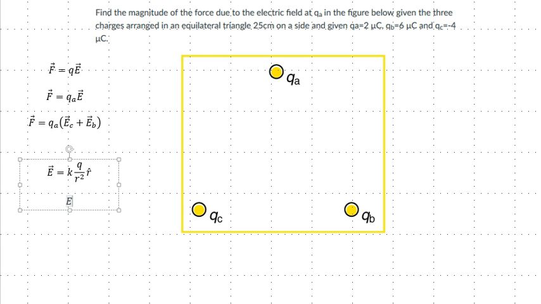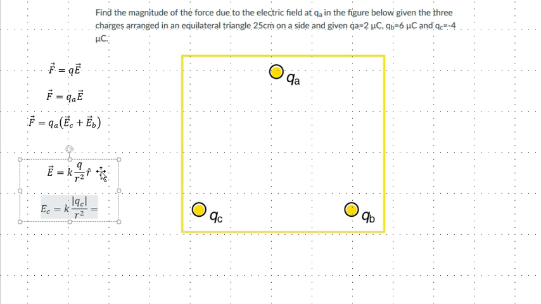The magnitude of EC is K times the magnitude of QC over R squared. K is 8.99 times 10 to the ninth newton meter squared per coulomb squared.